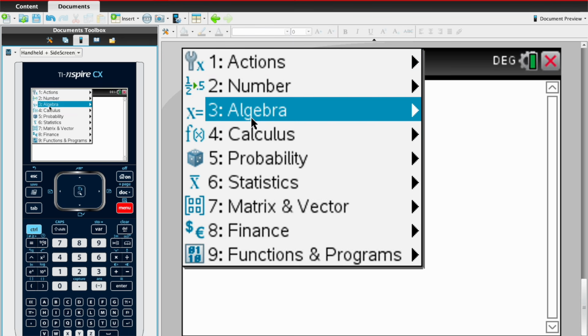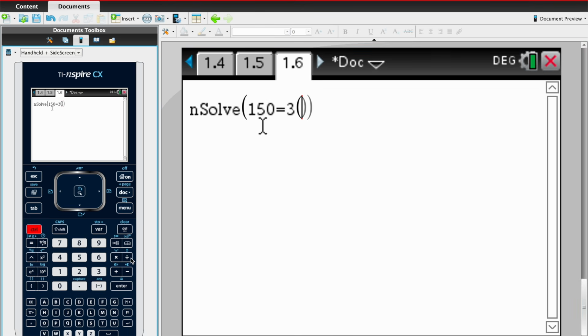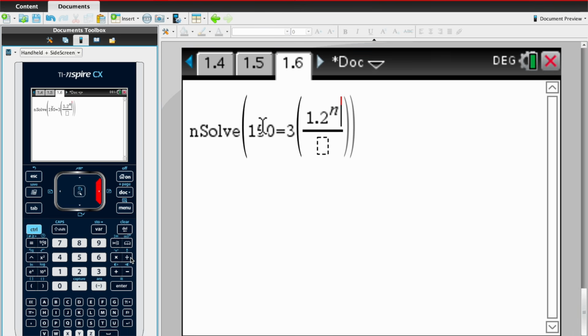So menu, algebra, numerical solve, total distance of 150, and then let's set this up. So 3 times, open up a bracket here, 1.2 raised to the power of n minus 1 over 1.2 minus 1. Here we're asking the calculator to solve for n.